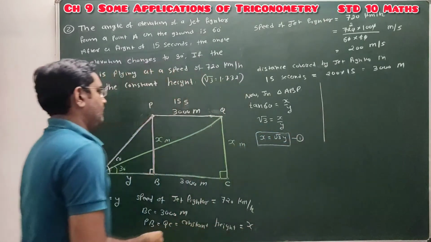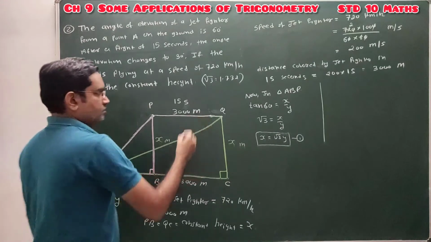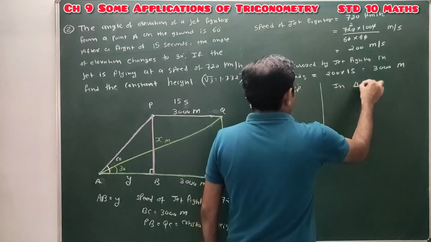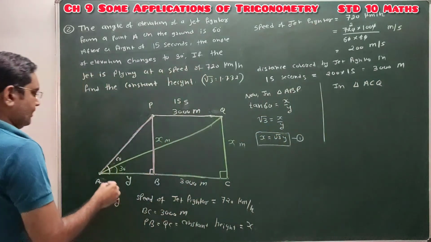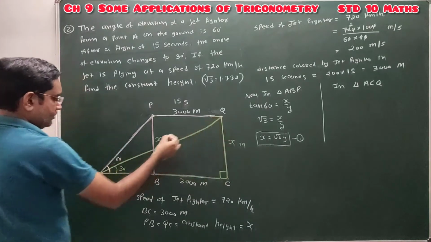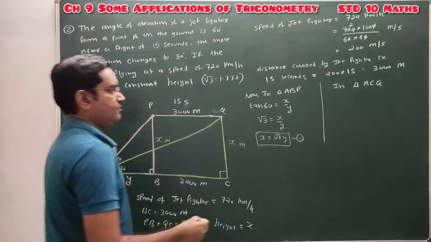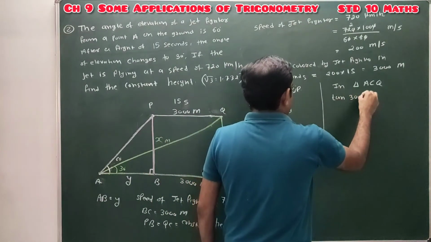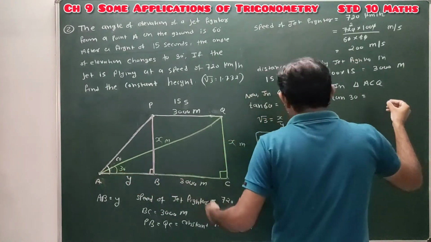Two triangles are there. Second triangle is triangle AQC, or we can say ACQ. In triangle ACQ, green color. So it's a tan 30 equal to QC upon AC. Tan 30 equal to QC upon AC.